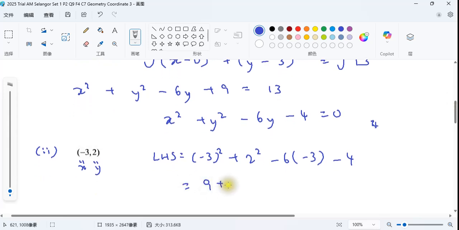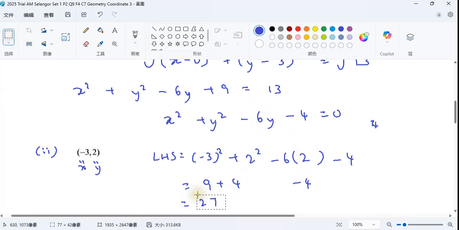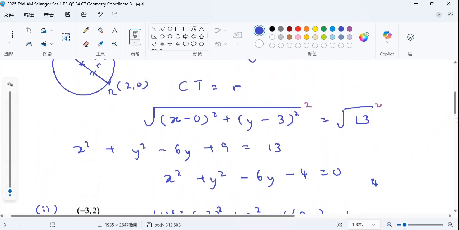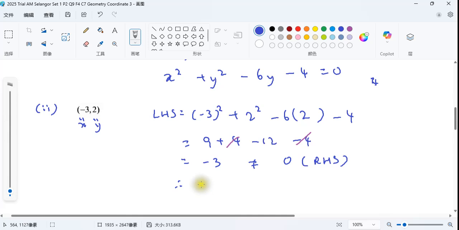Then we have 9 plus 4 minus 12 minus 4, which equals negative 3, not equal to 0, the right hand side. So no, it does not lie on the circumference.